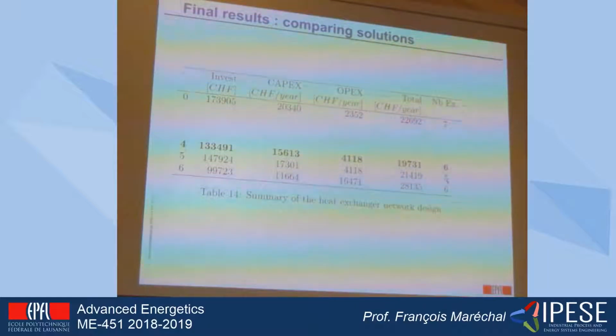Now what I can see is that the total cost of this new solution is higher than this one. So the number 4 here is still the best one.